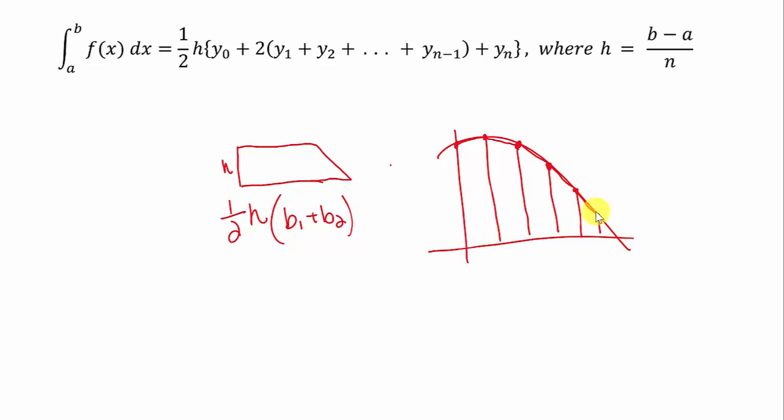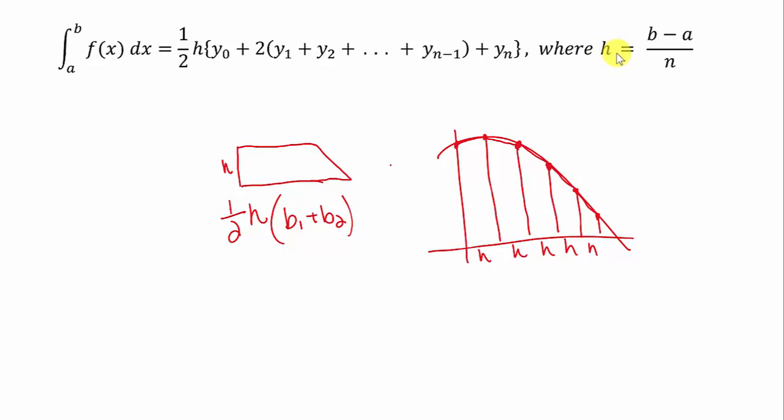but I can get an idea of this area using trapezoids. Now, for us in this formula, this side is going to be the height. Okay, so you can see here, if this was turned on its side, this is going to be the height, and the height for us is going to be the same for each one of these trapezoids, because we're going to use this formula.